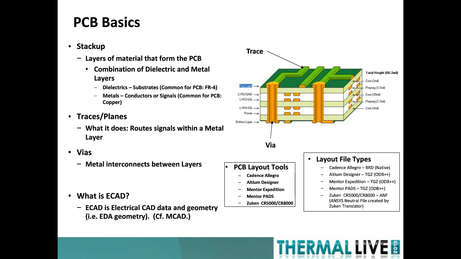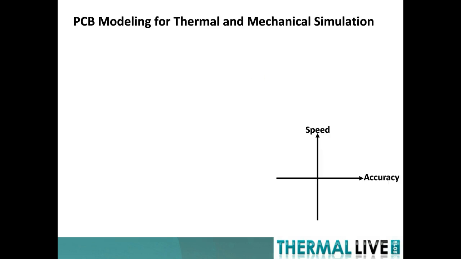So the ECAD is basically the file that describes the stack-up, traces and vias in a board. Now I'll talk about three different approaches for modeling a printed circuit board for thermal mechanical simulation.